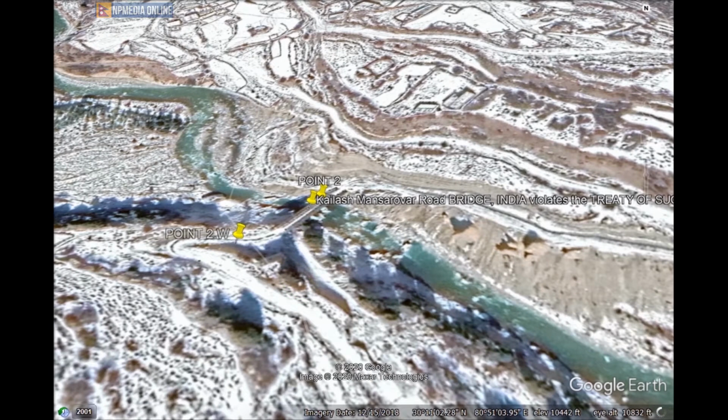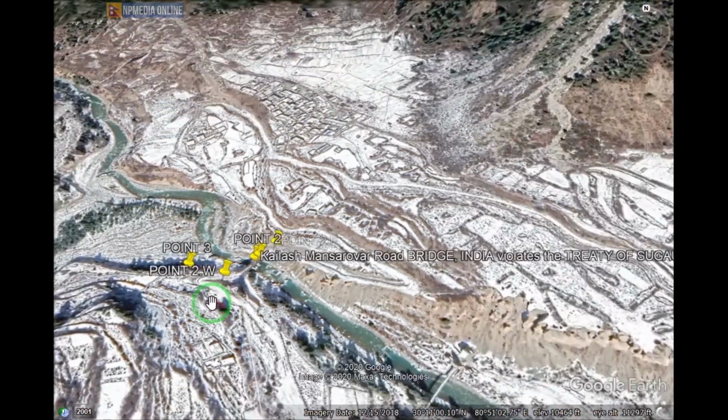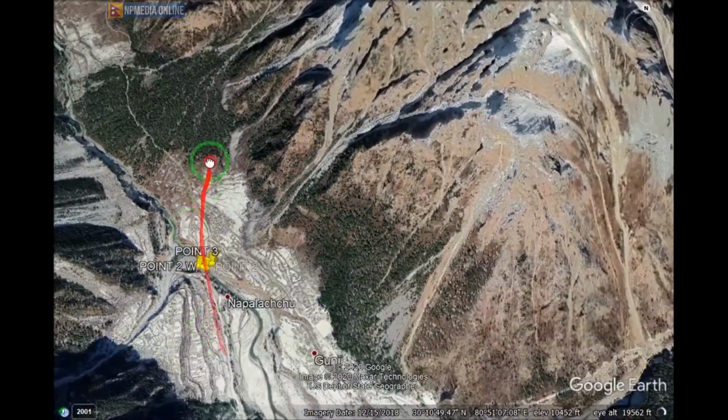Point 2.W, west of Kali River. Point 2.E, east of Kali River. Third, point 3, the area west of Kali River. Now, let us see and discuss those places in more detail.